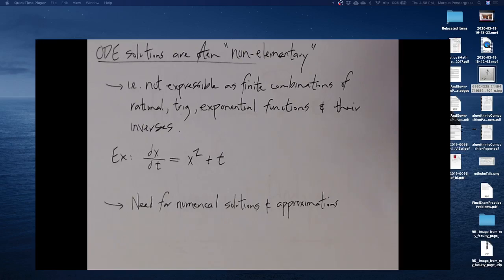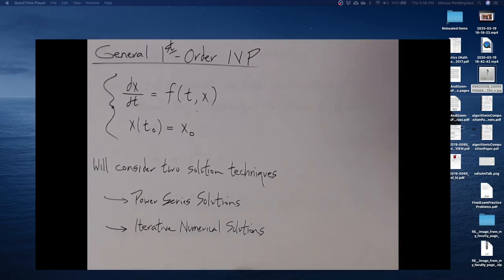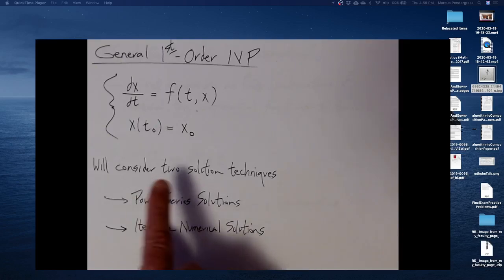And so that really is almost it for this first little lecture. One other thing I wanted to get out there in this lecture, and it's really simple, is to standardize the kind of problem that we're going to be looking at. So in general, we're going to be looking at a first order initial value problem, which will take this form.